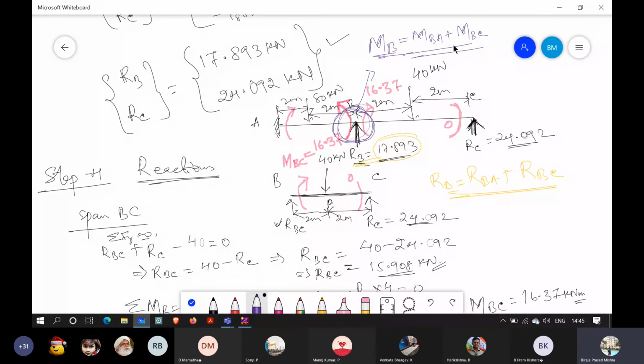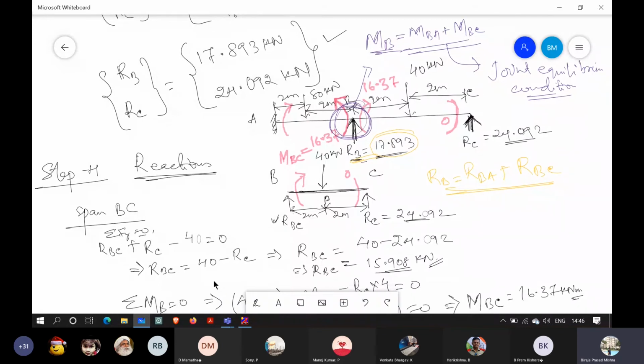This equation we call the joint equilibrium condition. From this joint equilibrium condition, we can find out the MBA value.